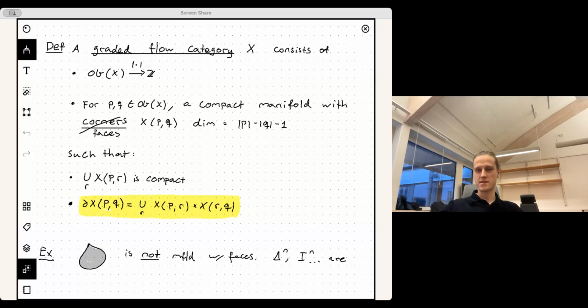But what having this extra structure of faces allows me to do is to specify the full corner stratification of X by giving you a formula like this. Because now it's pretty clear that these guys are again going to have some corner stratification, and that should now fully determine the deeper strata of X. So again, inside something like this, I would have X_pr times maybe some X_rr' times X_rq.